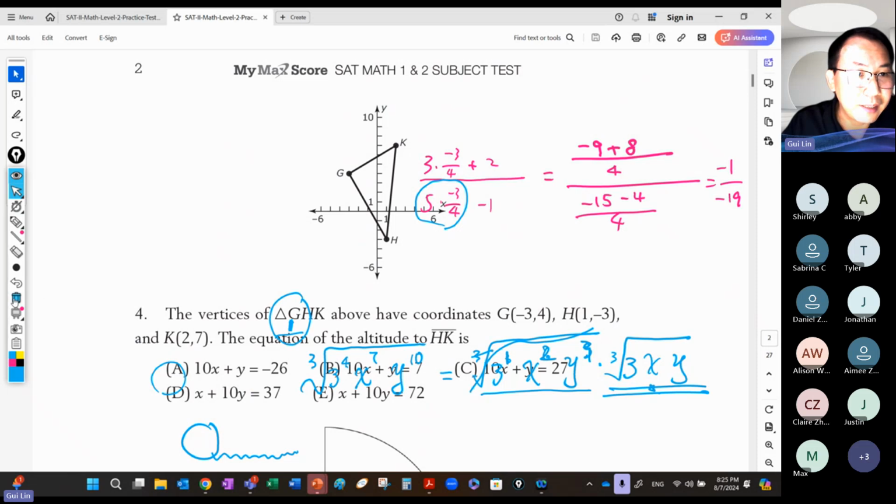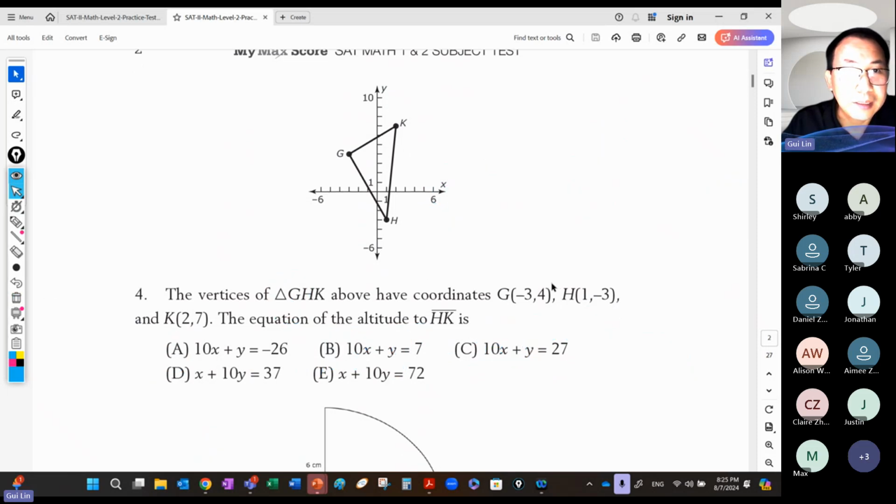More complicated, right? Number 4. You can see here is the vertex. What does that mean? It means this one is a right triangle, G, K, H. Let me mark down the coordinates, because whenever we read it, make sure you mark it.